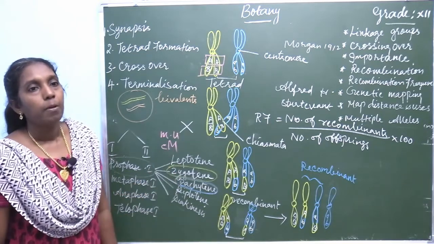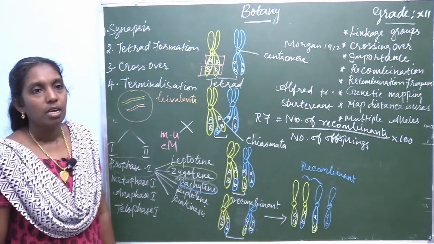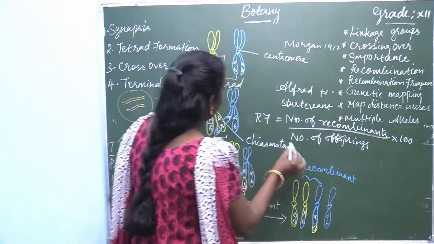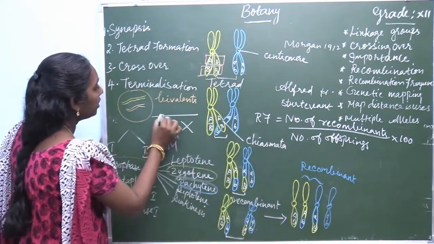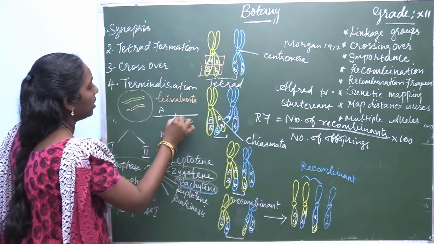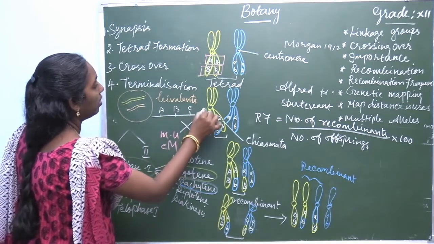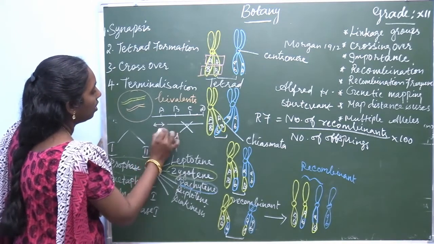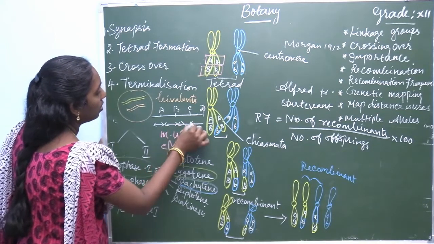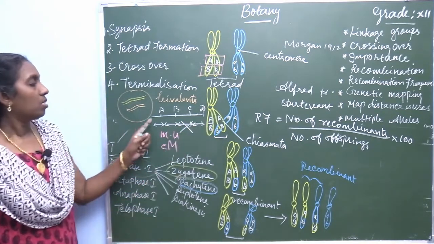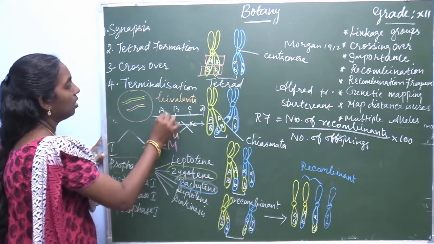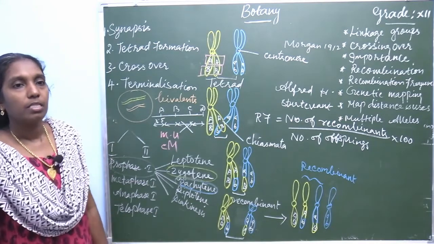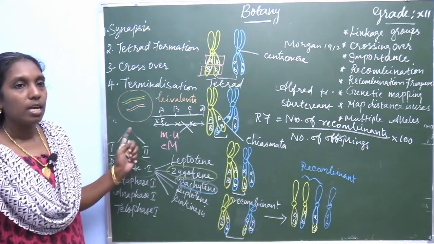For example, if there is a gene region containing A, B, C and D, and the distance is 3.5, it can be measured as 3.5 centimorgan, or 3.5 map units.